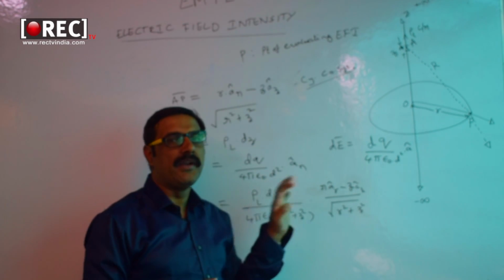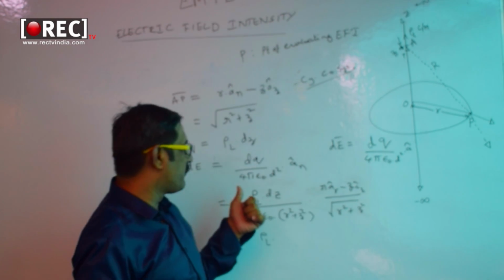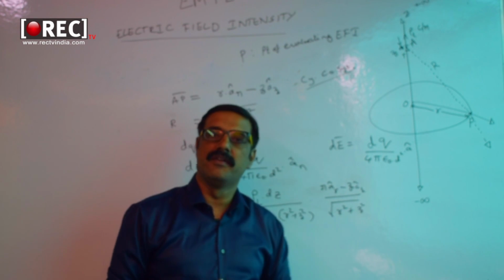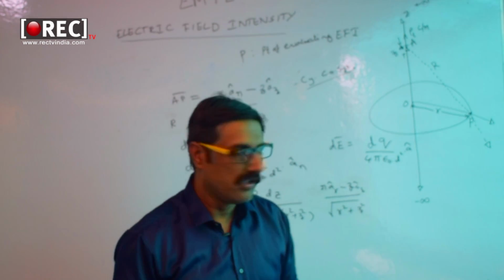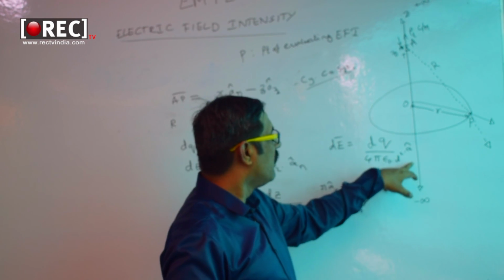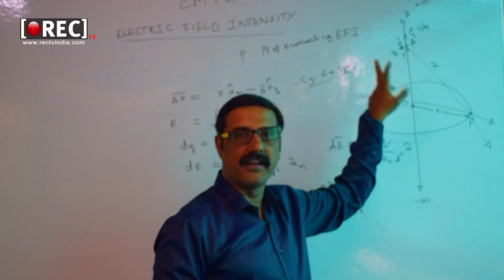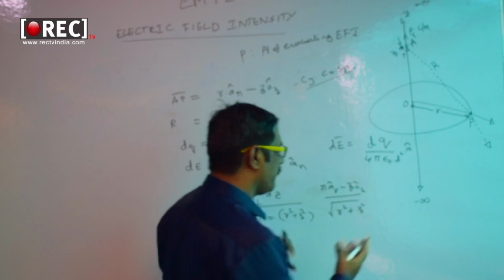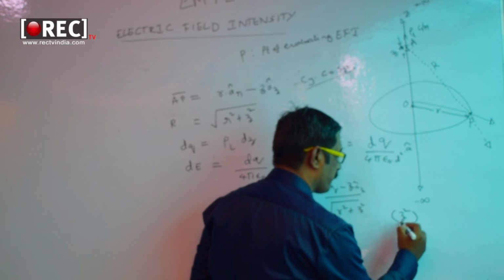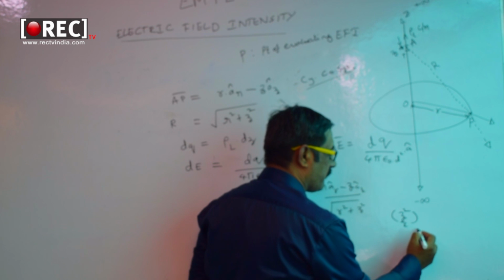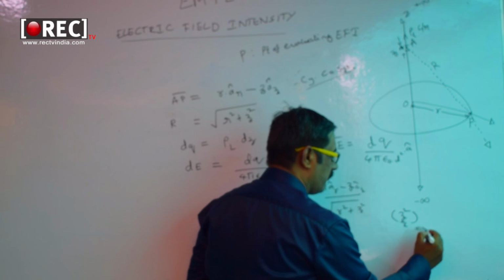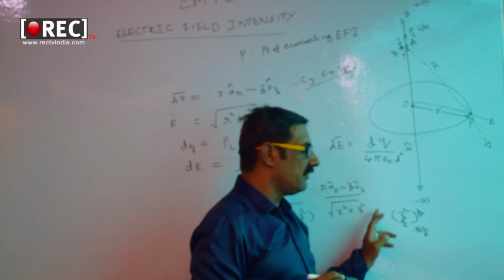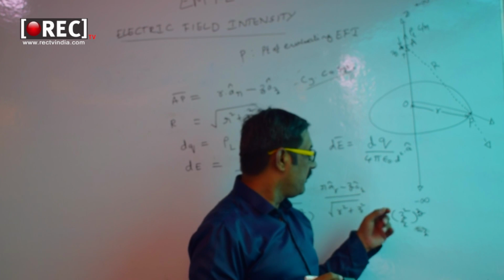For getting E we need to integrate. So while integrating, if you observe, Z into dz would give a resultant of Z square by 2. So if I am evaluating any point from minus Z to plus Z on the Z axis, while substituting the limits, it is simply Z square by 2, okay, from let me say minus some value of Z to some value of Z. So what's going to happen, this integral after substituting the limits, it is going to become 0.